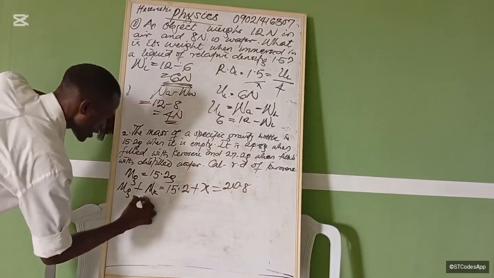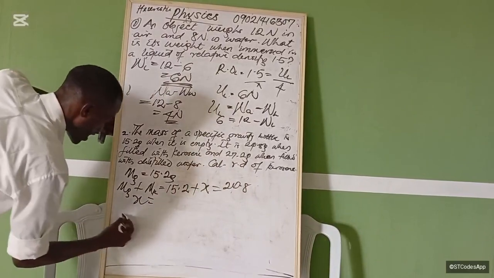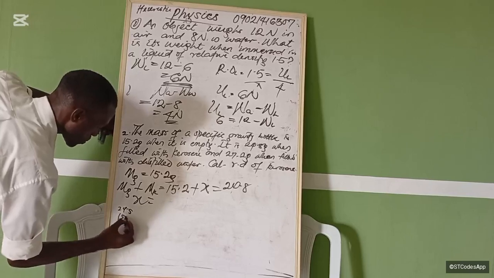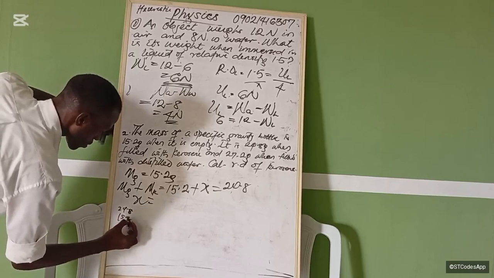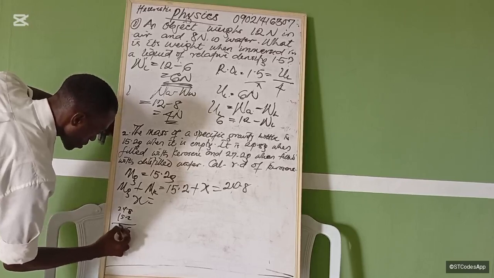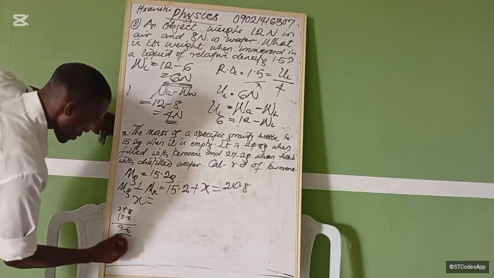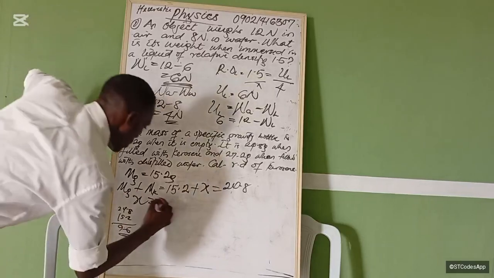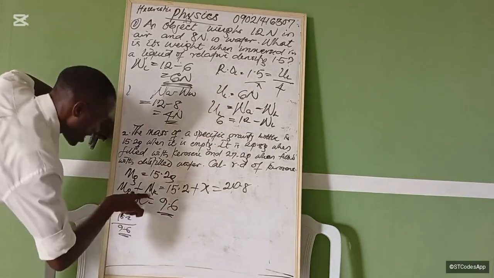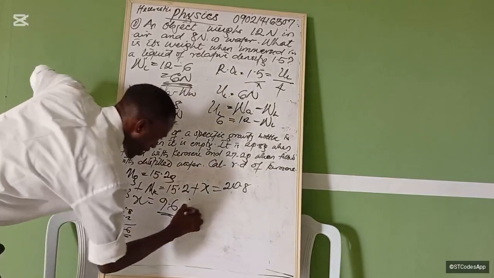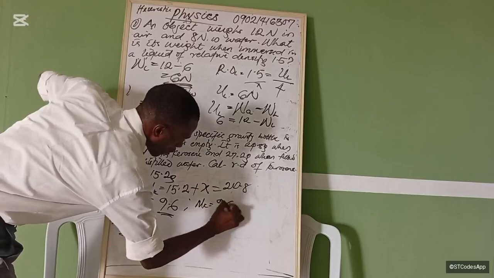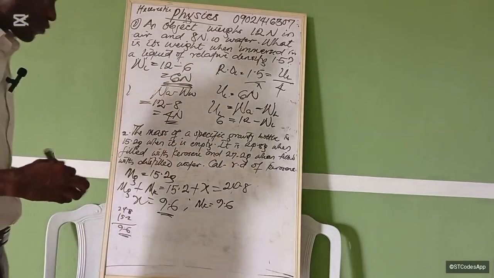By the time you work it out, x will be equal to 24.8 minus 15.2, and that becomes 9.6. So we have x is 9.6. What is x? M sub k. So the mass of kerosene is 9.6. Are you seeing what I'm doing?